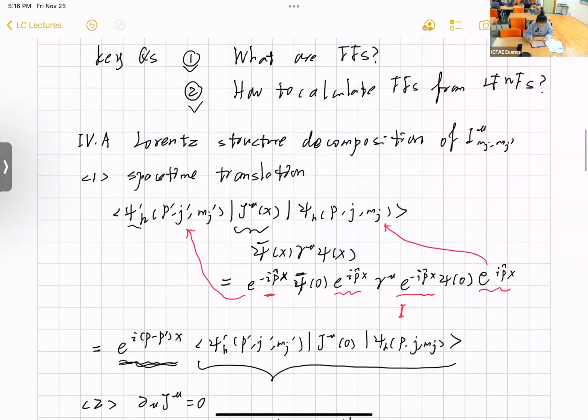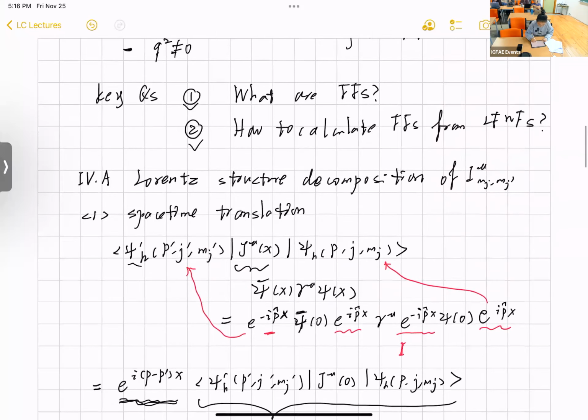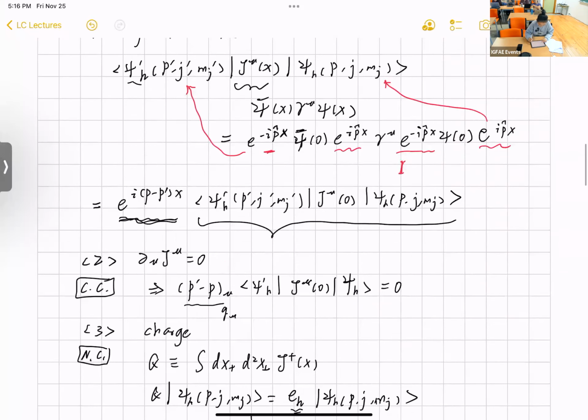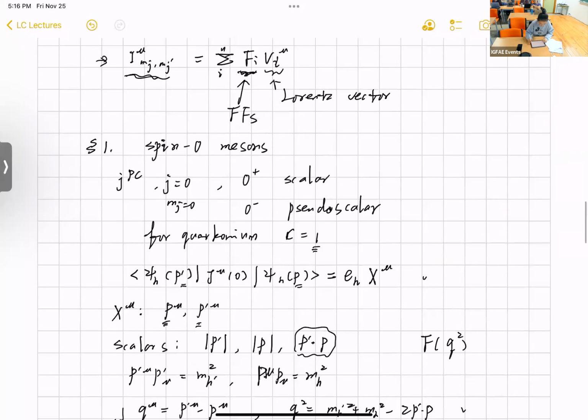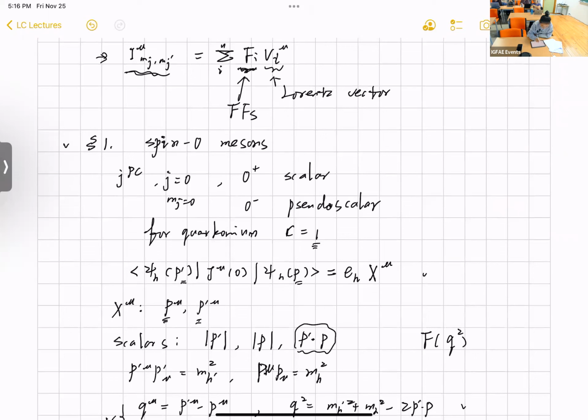So of course here, when we look at the Lorentz structure decomposition, I will lead you through the simplest case, that's for the spin zero meson, but I hope you get the idea of how to find all the relevant vectors and form factors, so you can apply the same technique to spin one.